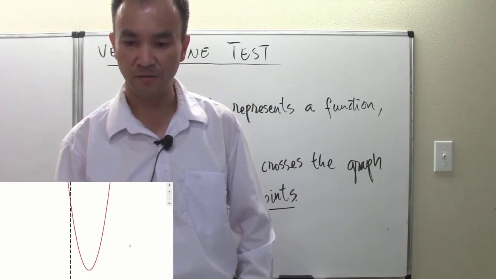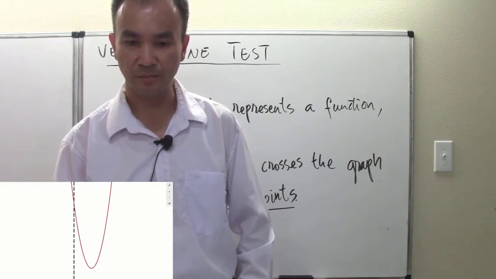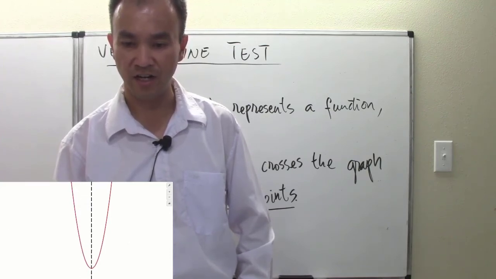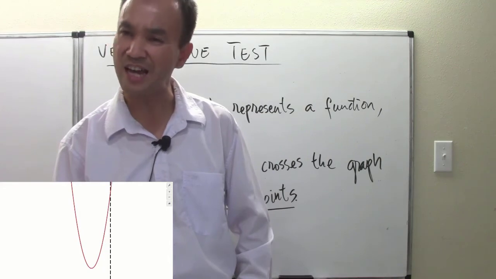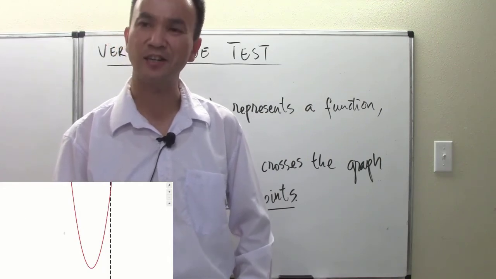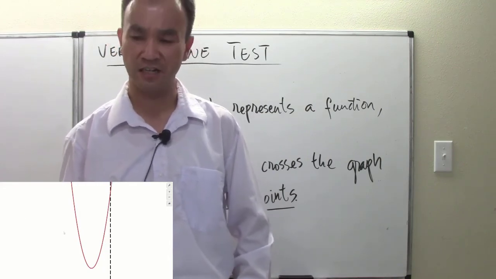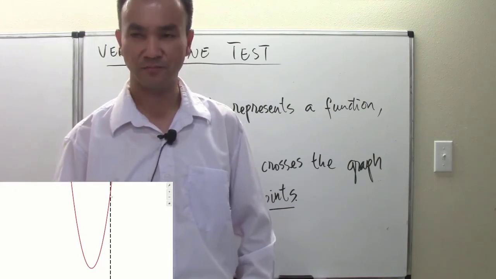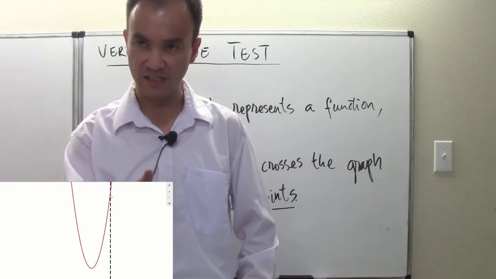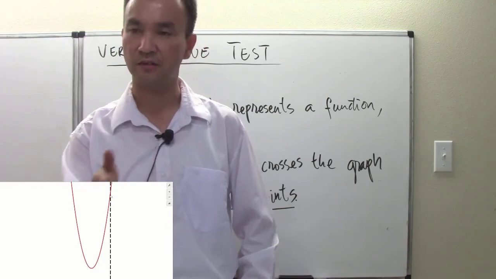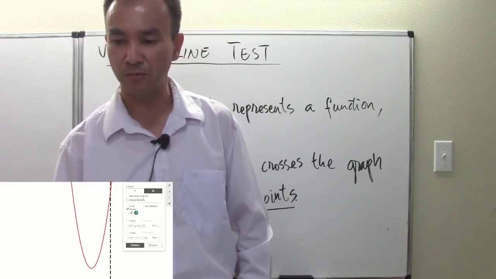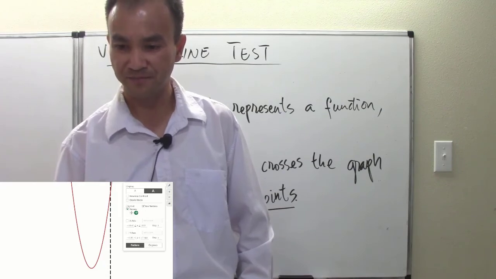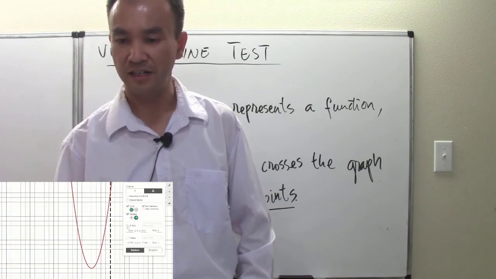I zoom it out and keep tracing it back and forth like that, and now anyone is pretty convinced. In these days, with the aid of technology, things become a lot more clear. So this graph here, once it's given, surely represents the graph of a function. And now I can put the grids back, and the axes.